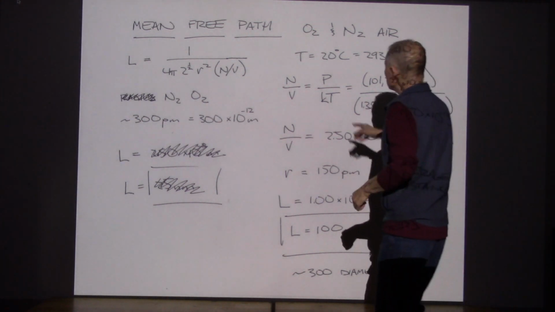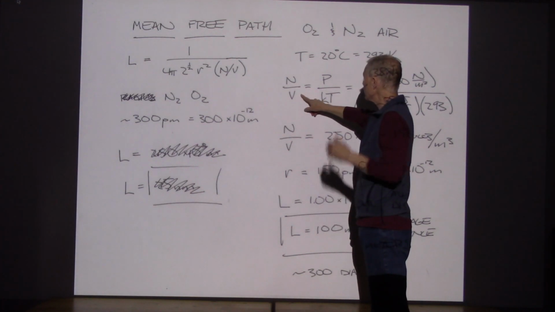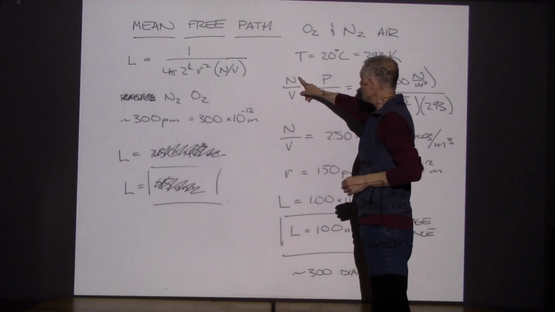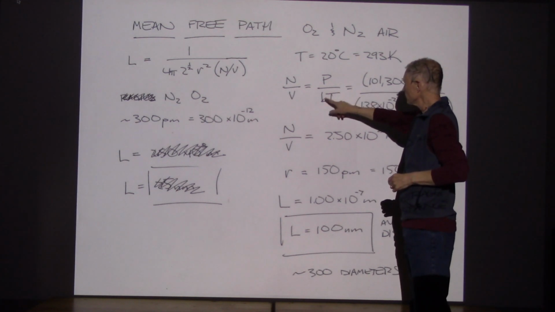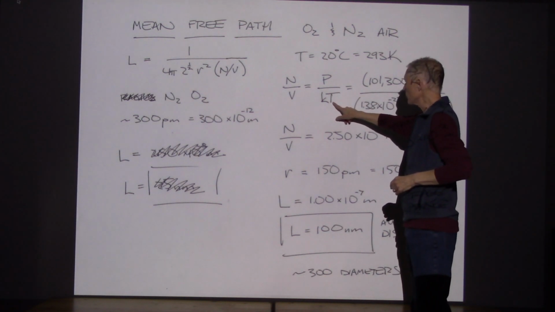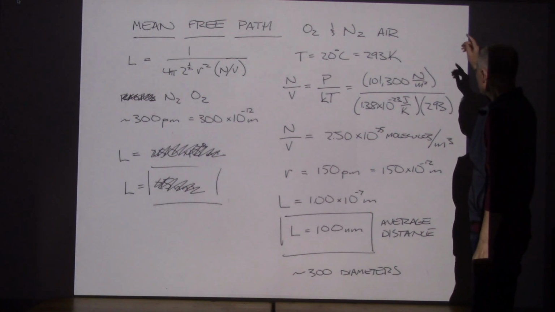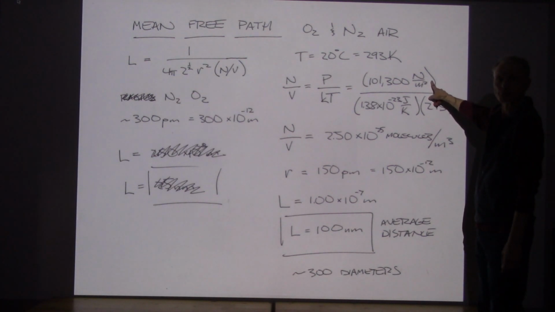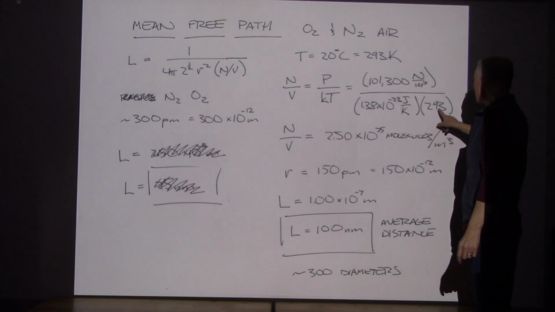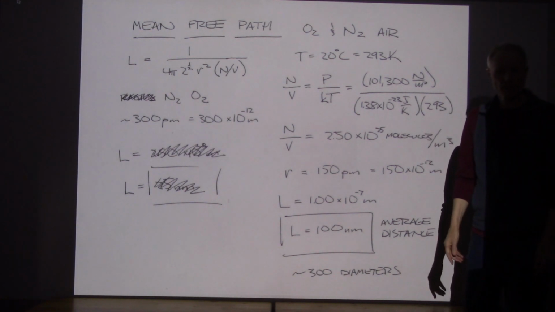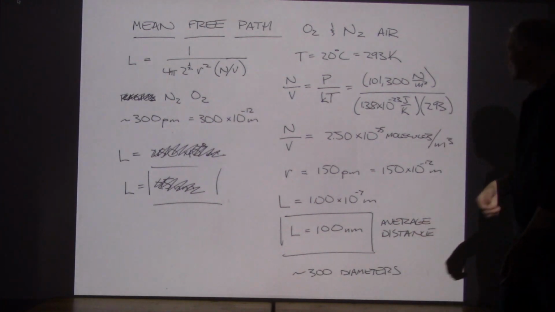The ideal gas formula can be rearranged to show that N over V should be given by pressure over Boltzmann's constant times temperature. So let's do that. I'm going to put in 1 atmosphere of pressure, Boltzmann's constant, and then 293 as a temperature.